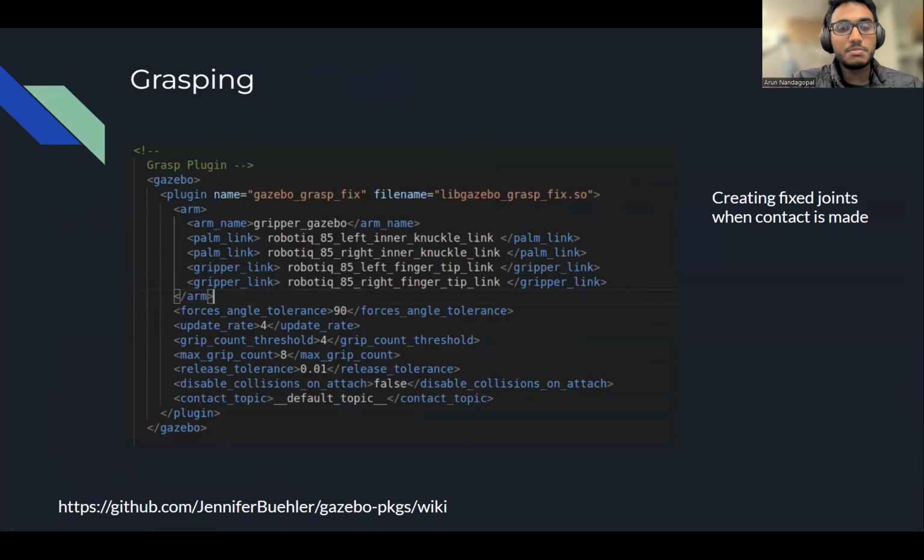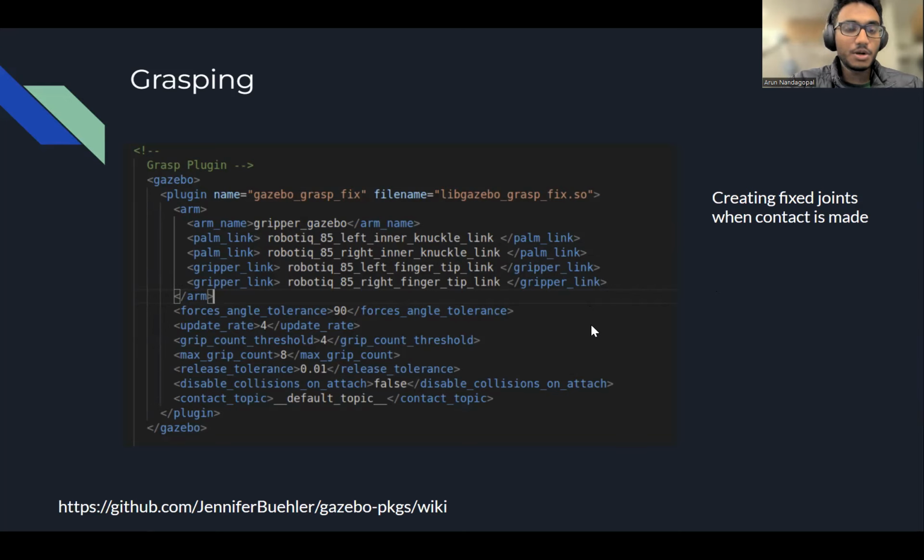So what this plugin does is that it checks if there is any contact made between the gripper and the chess piece. And if there is a certain number of contacts, and if the angle between those contacts is more than 90 degrees, then it would just convert the link between that particular chess piece and the gripper into a fixed link.